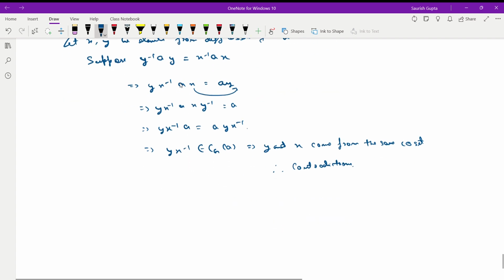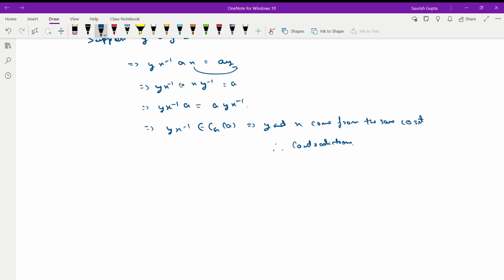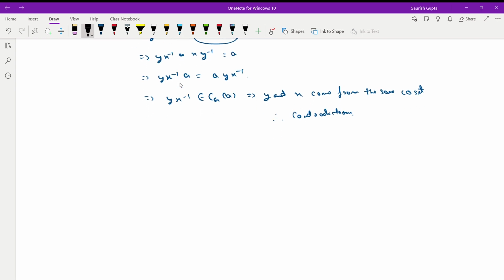Therefore, we have established a one-one correspondence between the distinct conjugates of a given element A in G and the index of the centralizer of A in G. Now, this immediately gives us what we wanted to introduce in this lecture, what we call the class equation.